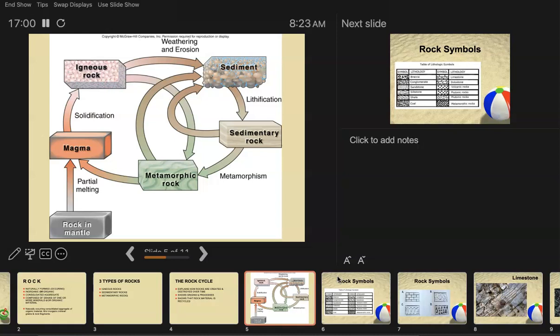Already we say weathering and erosion, right? But they are two separate processes. Weathering is the breaking down. Erosion is the transportation of those broken down materials.